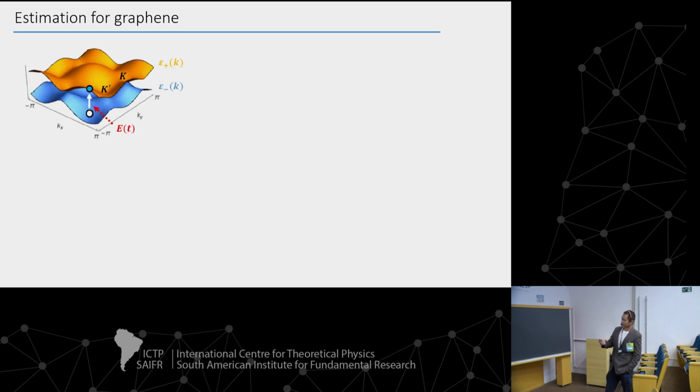So let me go to this slide, starting from the band structure of graphene solved by the tight-binding model. Now I want to discuss the possibility of measuring the quantum metric in graphene and to reveal the topological order of it. Suppose you have a tight-binding model of graphene whose band structure looks like the following.